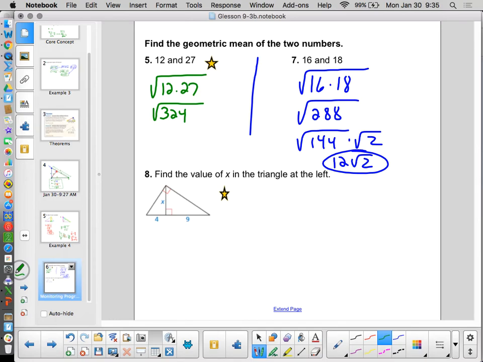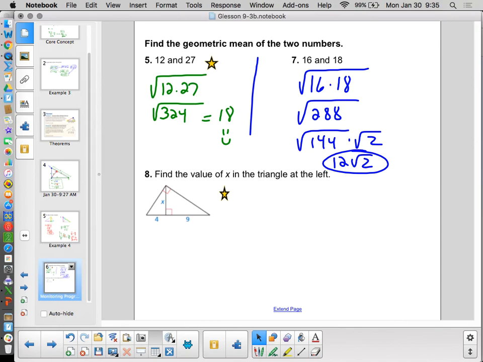Wait a minute, 324, that's a perfect square. I think. Yes, 18. Perfect square. So if you missed that one, there was the error.